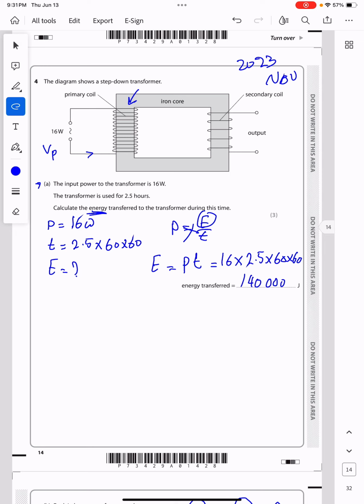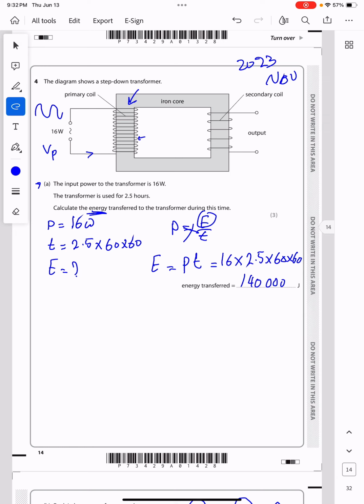This VP is alternating, so it keeps on changing. If you're going to draw it, it's going to be like this. When we have a changing voltage causing a changing current, this alternating current is going through this wire here.